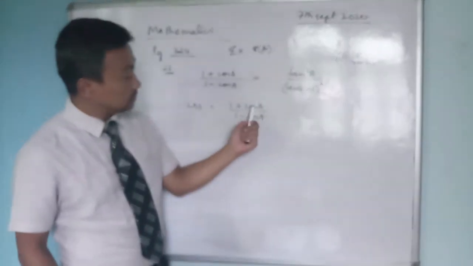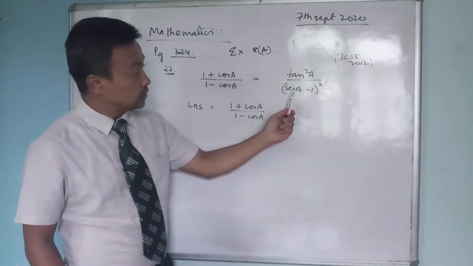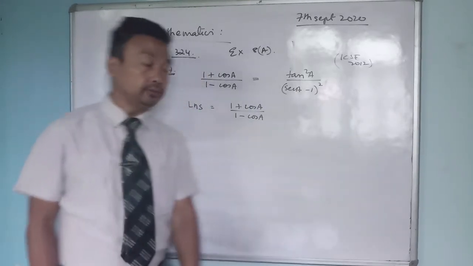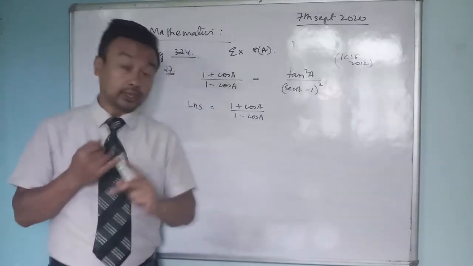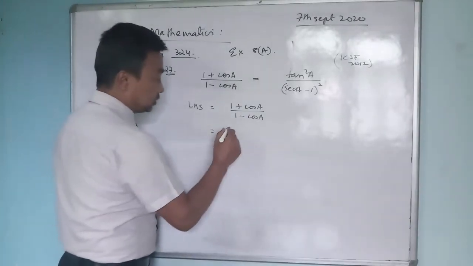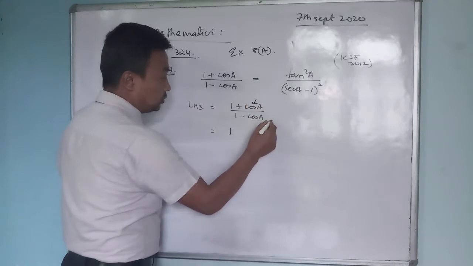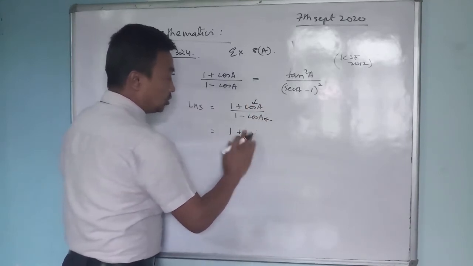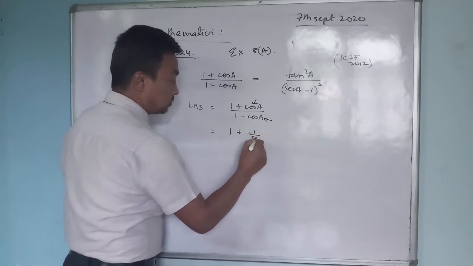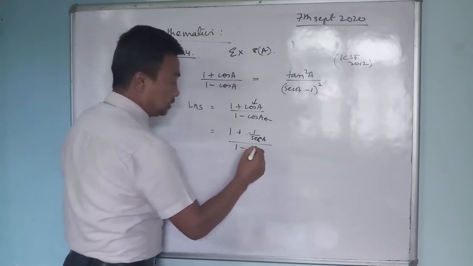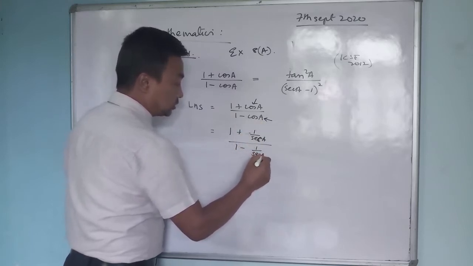But before we rationalize, there is a sec A and there is a cos A here. So we have to change that cos A, and we know that cos theta is 1 by sec theta. So let us replace that first in both the numerator as well as the denominator. So cos A is 1 by sec A, 1 minus, similarly down also you will get the same thing.